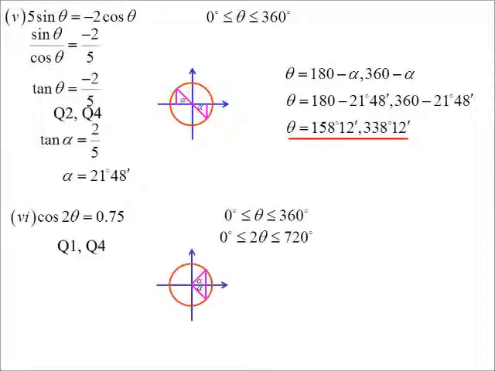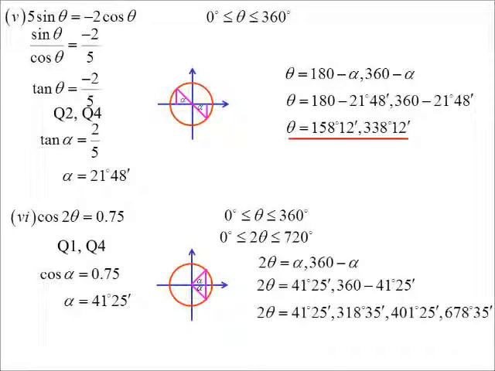So it's still quadrants 1 and quadrant 4, that's still the same. The acute angle, 41 degrees 25, that's still the same. But it's now that 2 theta will be either the acute angle or 360 minus. So 2 theta will be 41 degrees 25 or 318.35, but I'm going around twice, so I add 360 to both of those and come up with 4 answers.